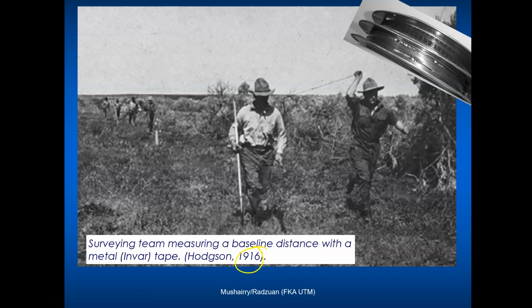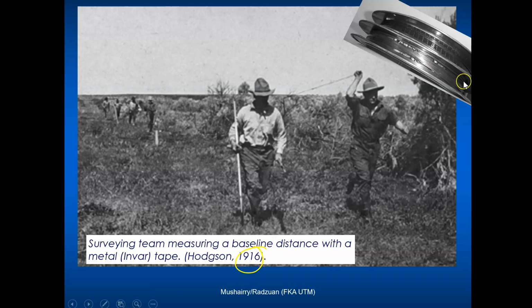In this picture, we could see 6 people involved, measuring a line, and they were carrying a steel tape. So it's quite a feat actually. It's not something which can be easily done. It's teamwork. Anyway, that's how it was way back in the early 1900s.